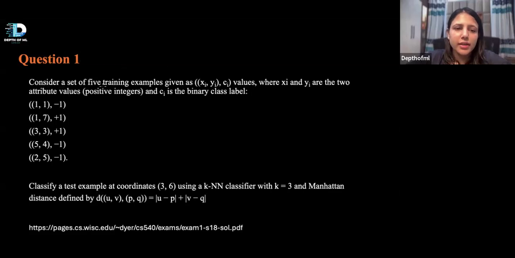It's saying that consider a set of 5 training examples given as xi, yi, ci. So these are 5 training examples over here.